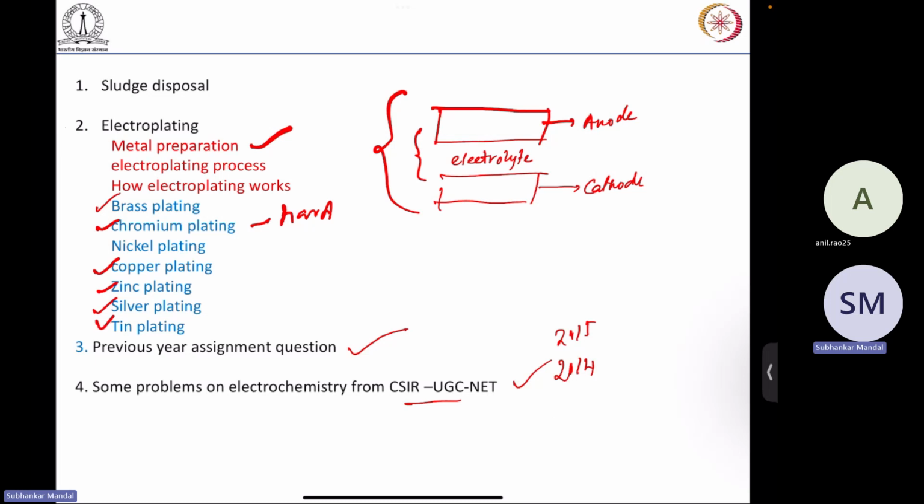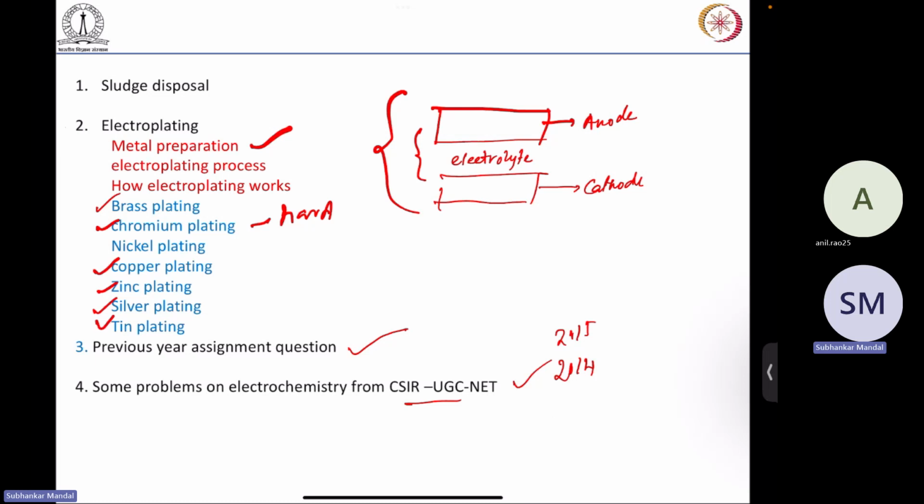Also, if I get time today, I can show some experimental data of how to do cyclic voltammetry. We have that video. If today I do not get time, then definitely on Monday I will show the instrument, the potentiostat we have in our lab, and the video of how to do the experiment.